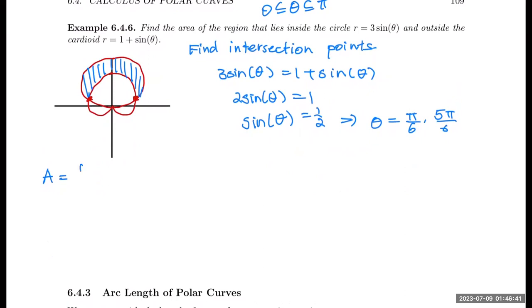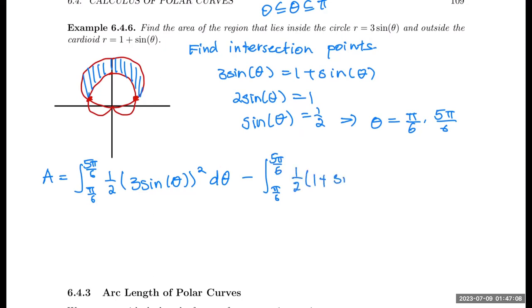So it's the integral from pi over 6 to 5 pi divided by 6 of the upper function, which is 1/2 (3 sine theta) squared d theta, minus the lower function, which is the cardioid, the integral from pi over 6 to 5 pi divided by 6 of 1/2 (1 plus sine theta), whole thing squared, d theta.